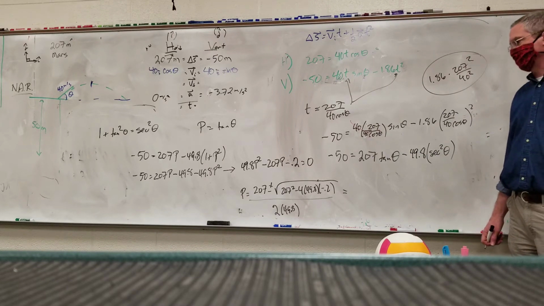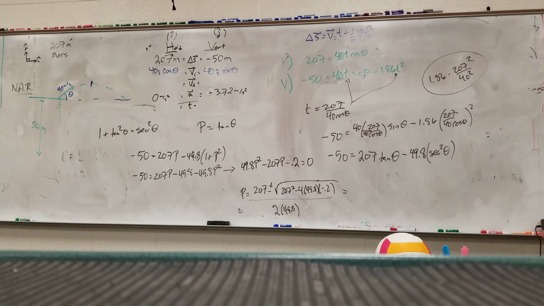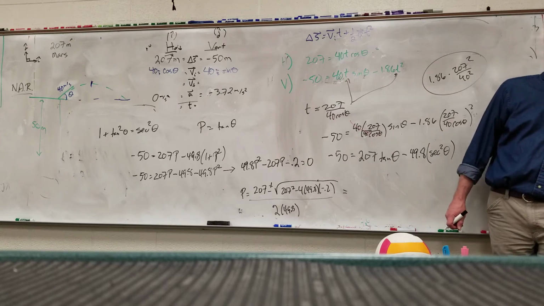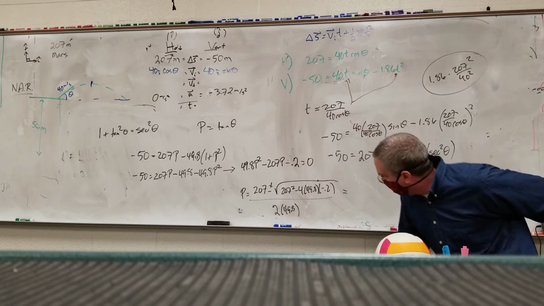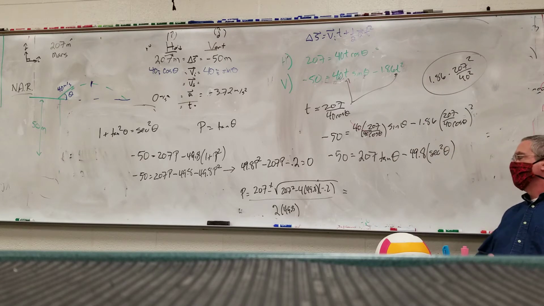We will get 2 answers. We cannot eliminate either of them. One's going to be slightly negative. And the other one's going to be about 4.